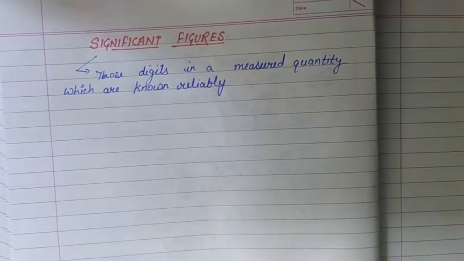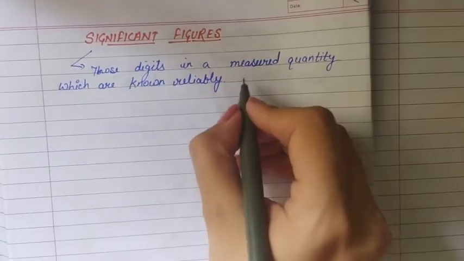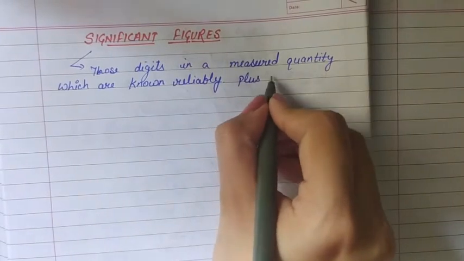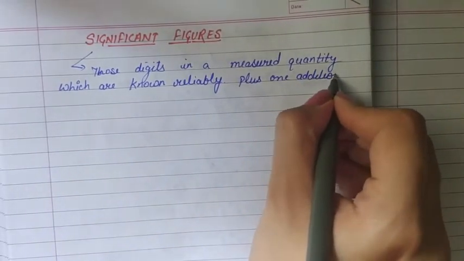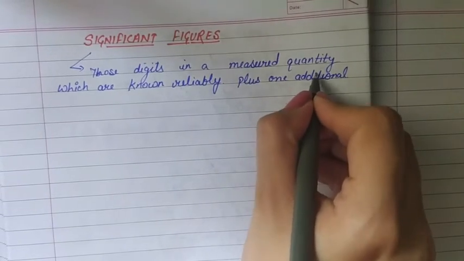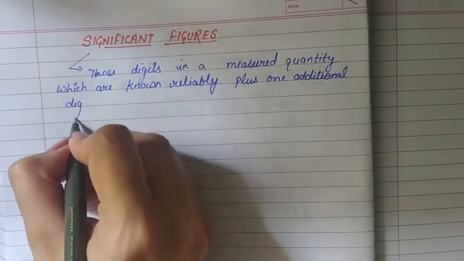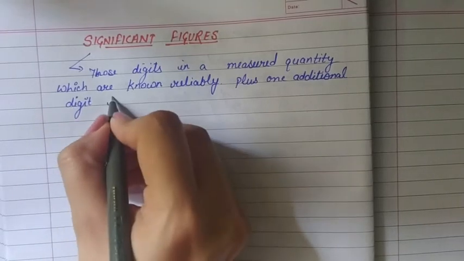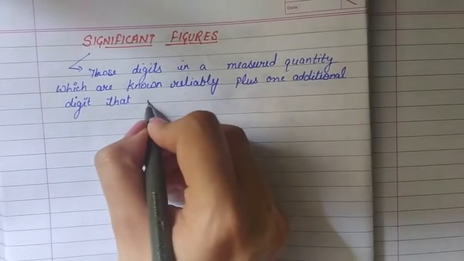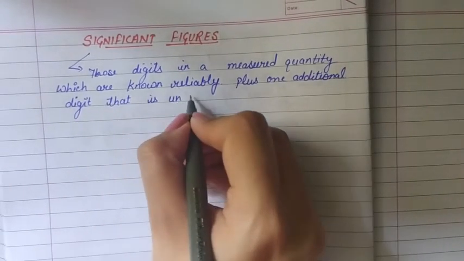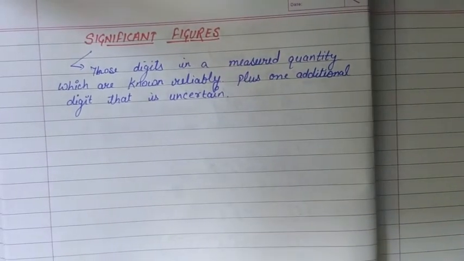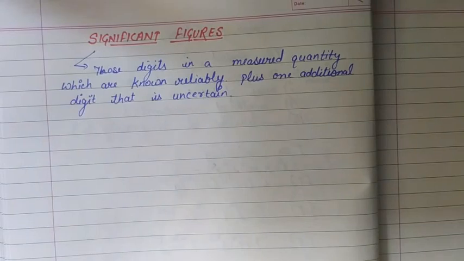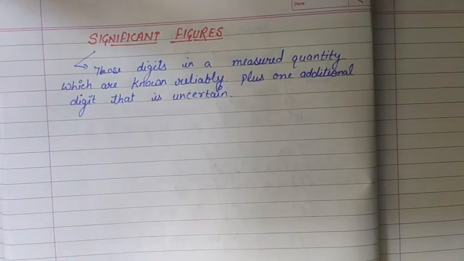So these are those digits which are reliable plus one additional digit that is uncertain, that keeps on changing. So that one uncertain digit along with the reliable digits gives the significant figures.